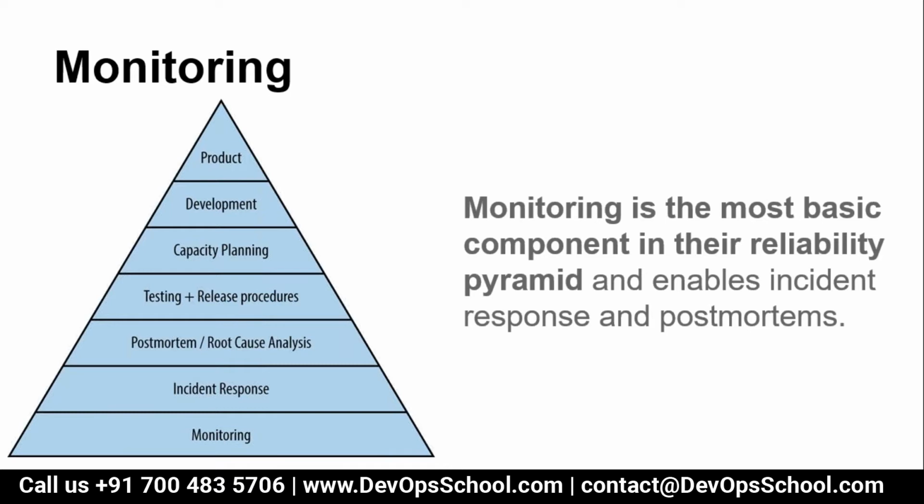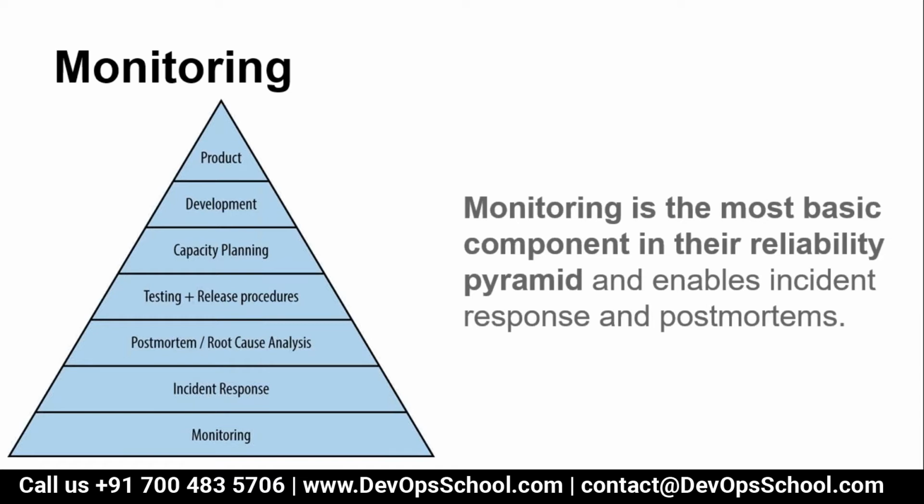So monitoring is the most basic component in the reliability pyramid, and it enables incident response and postmortems. Remember, it enables incident response. That means first the incident happens, then you get the incident response, and then you do the postmortem.